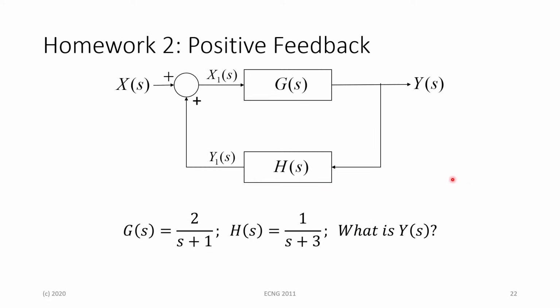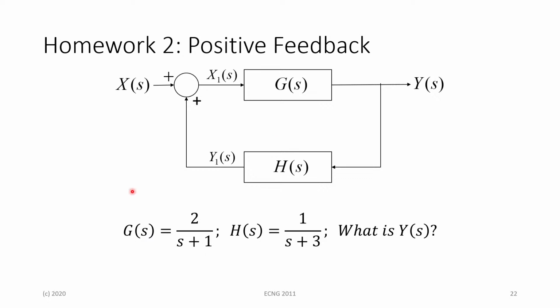Right. So for your second homework, instead of having negative feedback here, you're now going to have positive feedback. I want you guys to do the steps and try to resolve this to get the actual transfer function, and then substitute in g and h to see what your resultant equation is going to be.